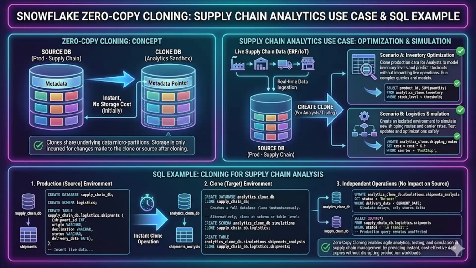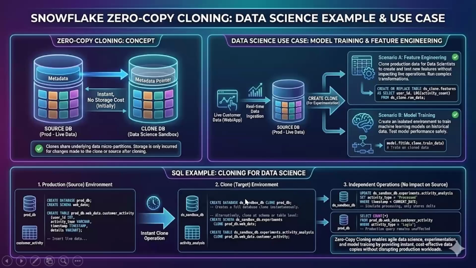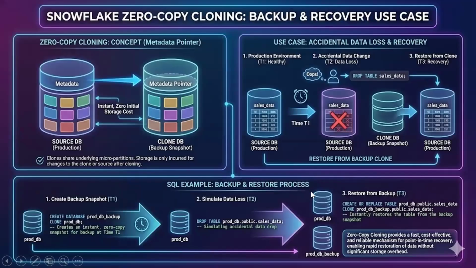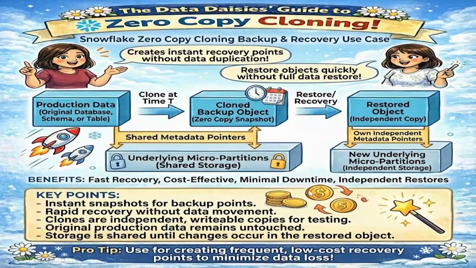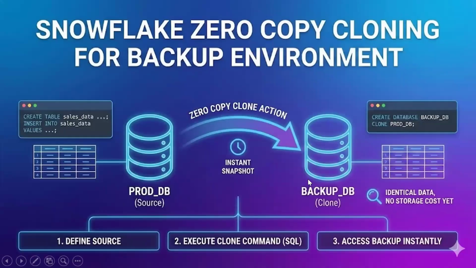And if I want to implement inventory optimization also, I can clone a new database for that and use it. So that's how you need to understand the use cases. These are some of the use cases which I added here. You can just go through and understand.